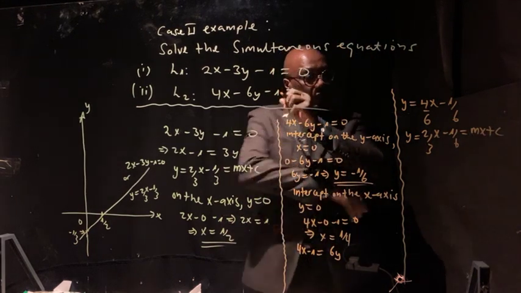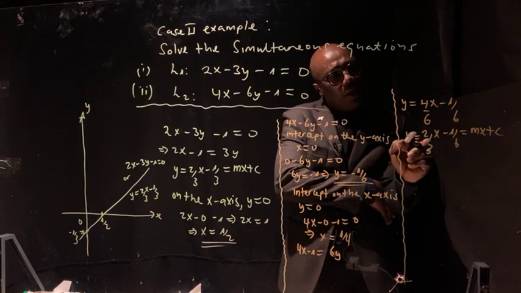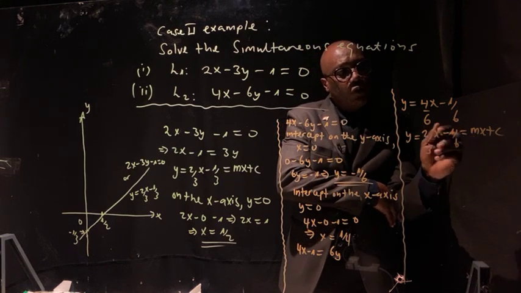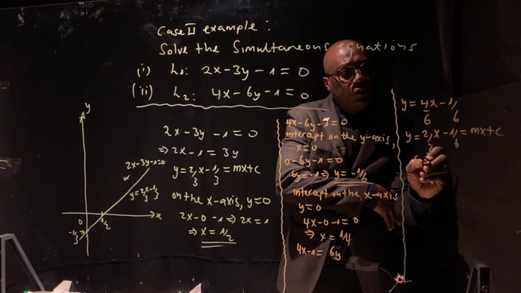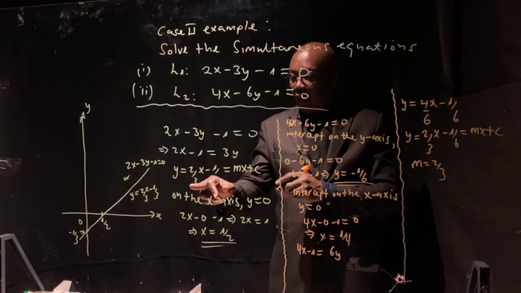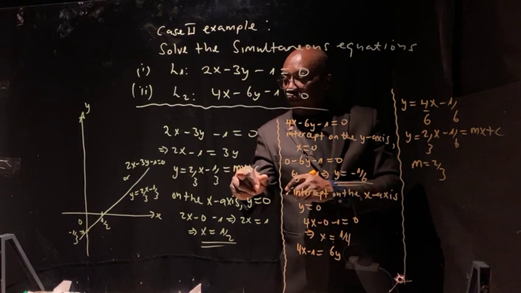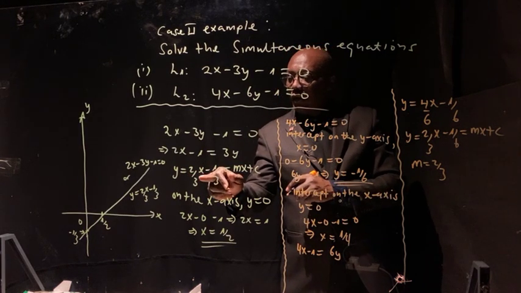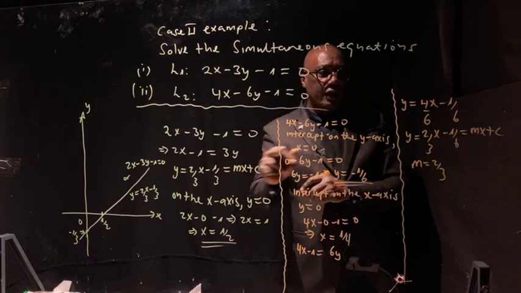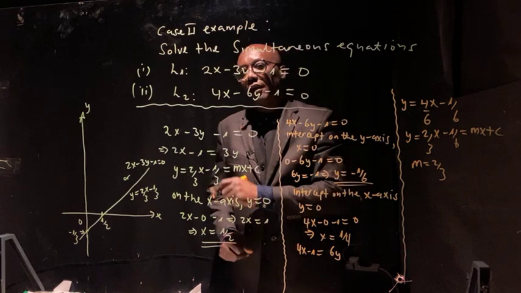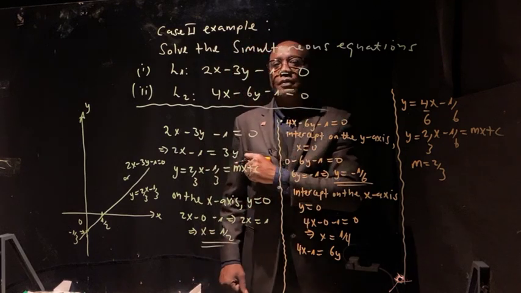Now, you can see that the gradient here is equal to 2 over 3. M being the gradient is 2 over 3, exactly equal to here, where m is also 2 over 3. The gradient of this line is 2 over 3, and this line as well. It tells you that in fact they are parallel lines.